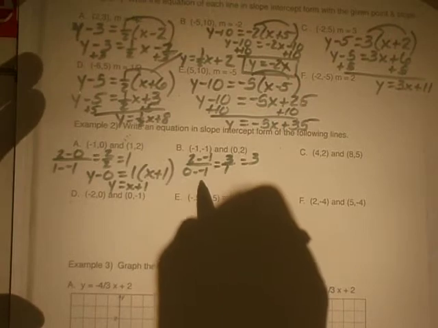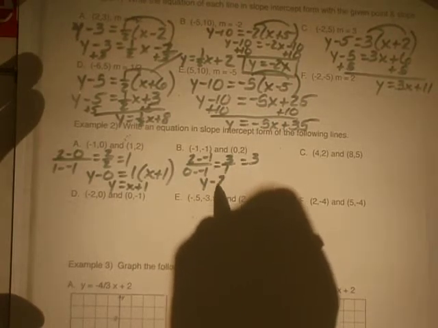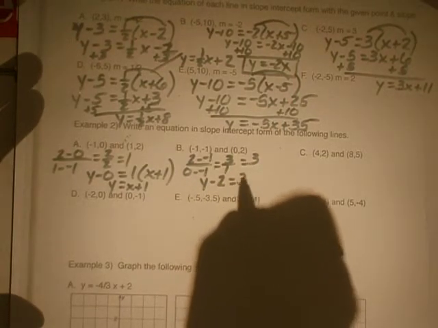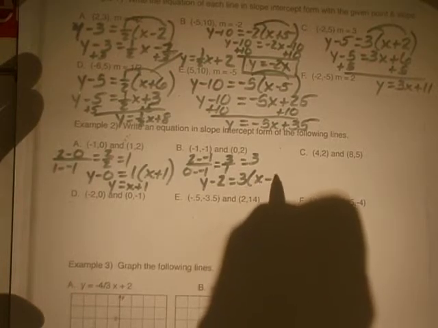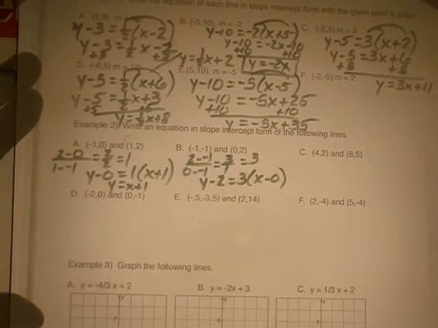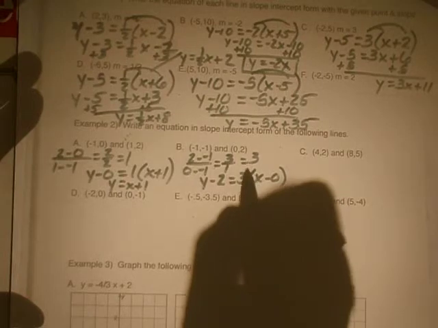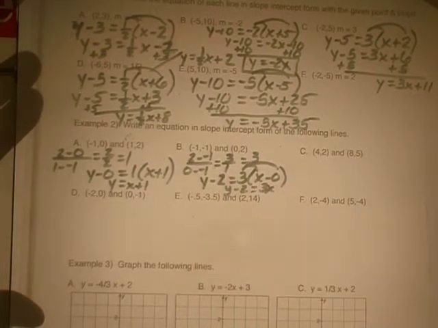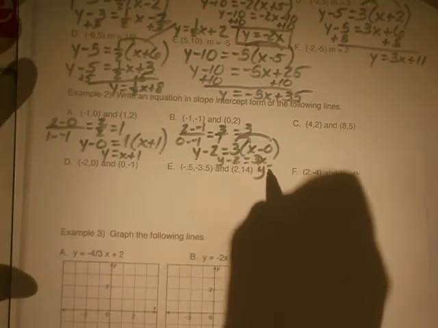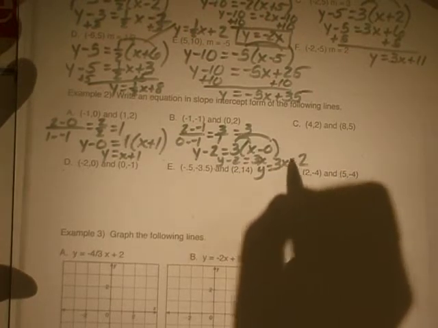And this one will become y minus 2 equals 3 times x minus 0. And if we distribute this, we will have y minus 2 equals 3x. And then adding 2 to both sides, you have y equals 3x plus 2.